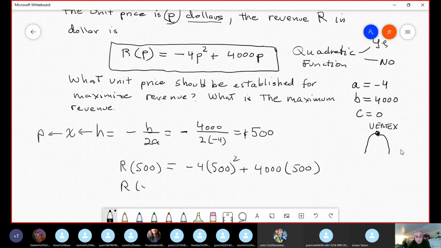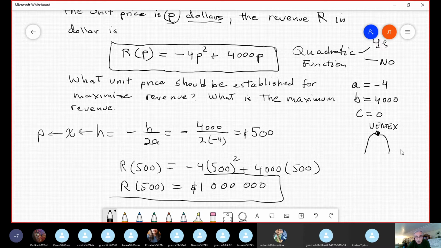Okay, put it in a calculator, and the answer is 1 million, 1, 2, 3, 2. And this is the maximum revenue when you sell the product using this unit price, the price of one computer, one laptop, I don't know.